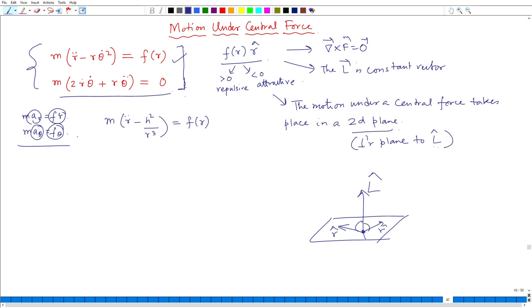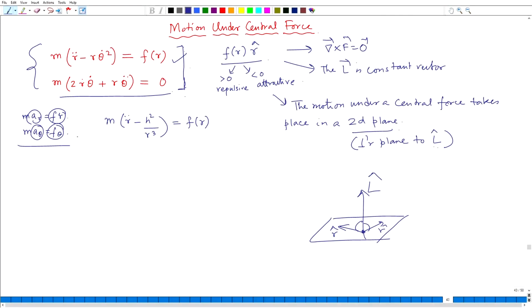However, you can encounter a condition in which the motion is taking place in a plane, but the force is not necessarily a central force. Try to understand. If the force is central, the motion is confined in a plane, but if the motion is confined in a plane, the force is not necessarily central. You can see several examples like that.